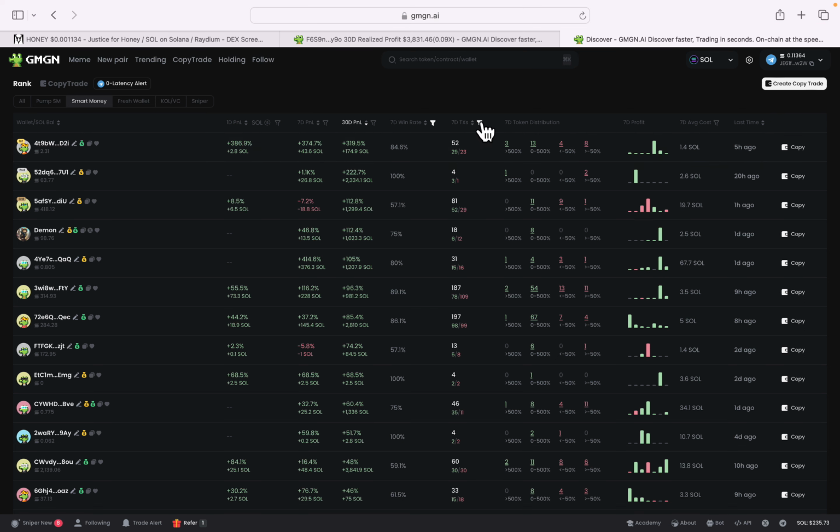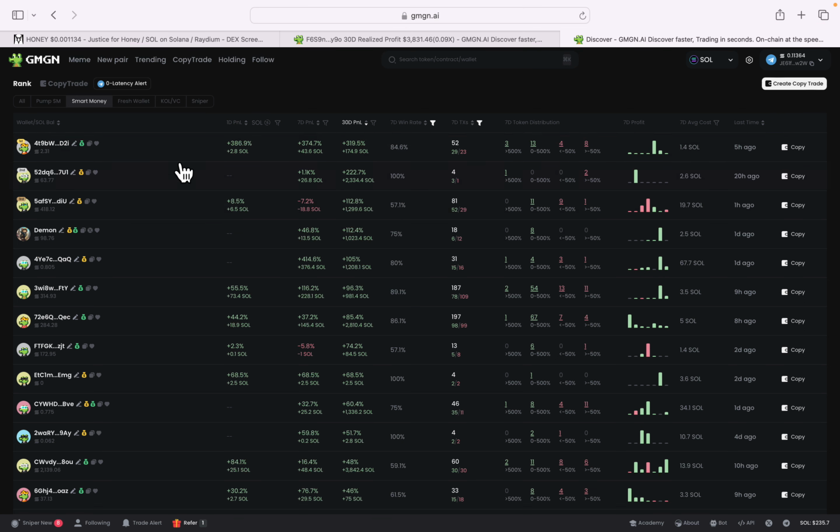What I want to see is something around 200 transactions over the past 7 days, or less than that. This is what I want to see. Their win rate, I want to see above 50%.